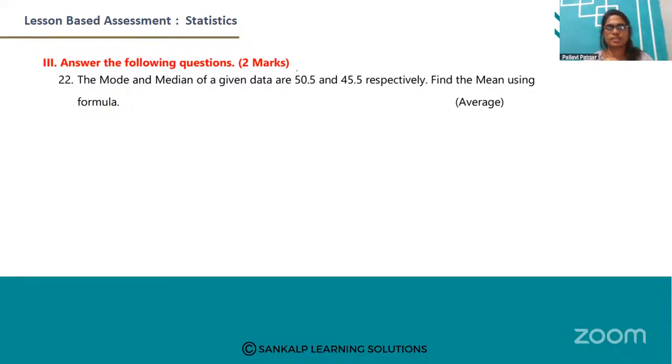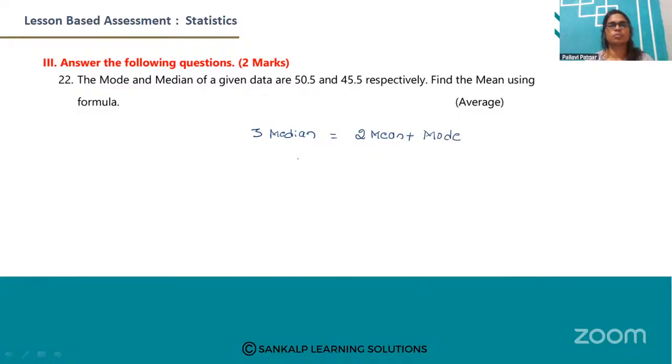Okay. So here, 3 median is equal to 2 into mean plus mode.